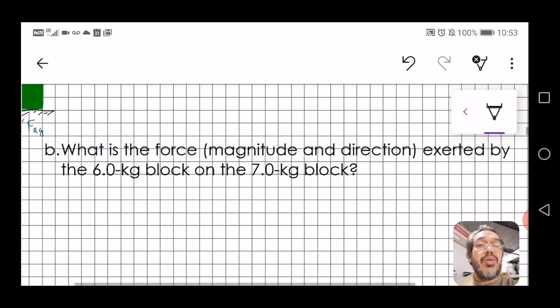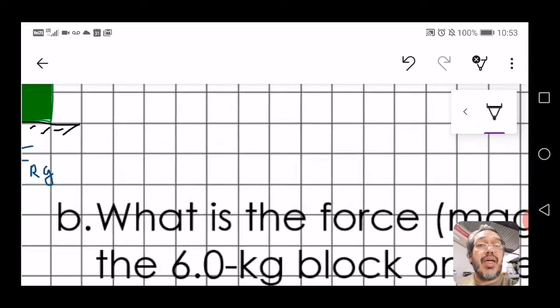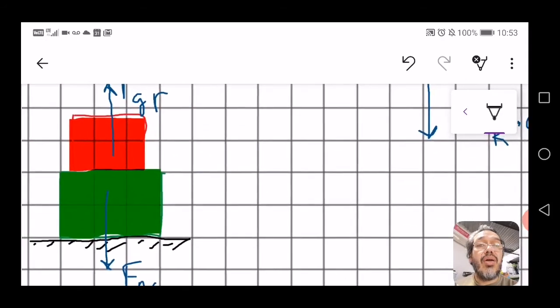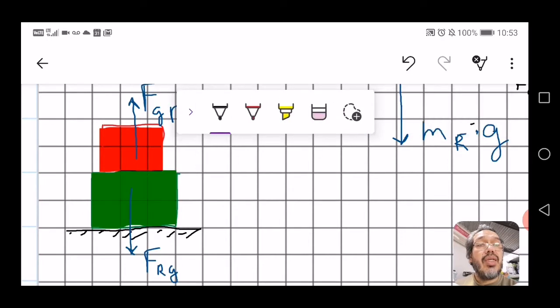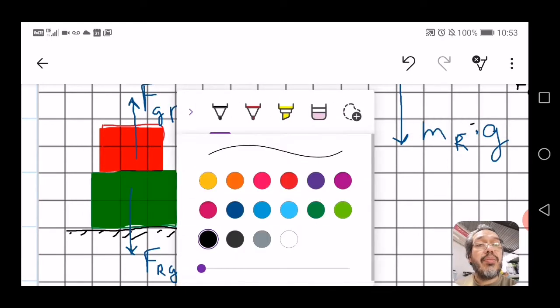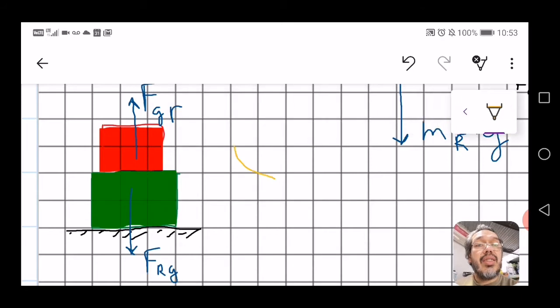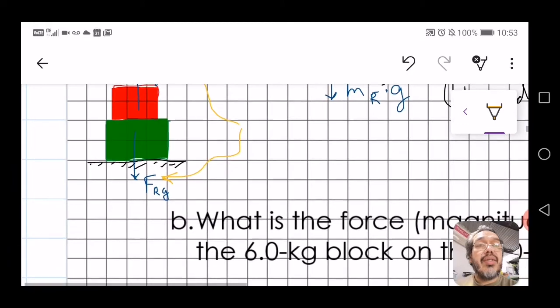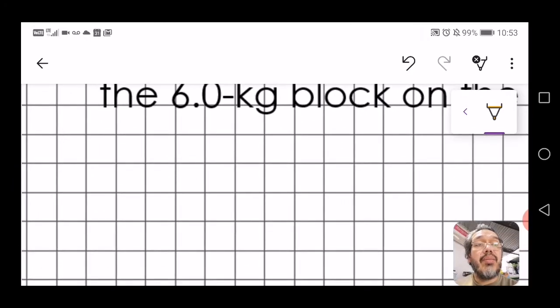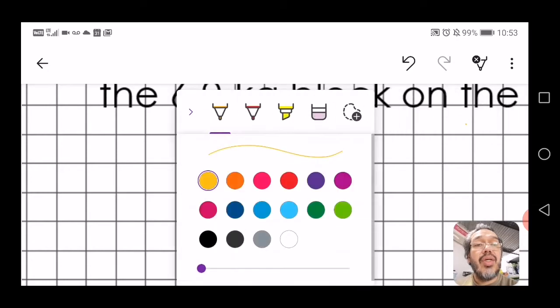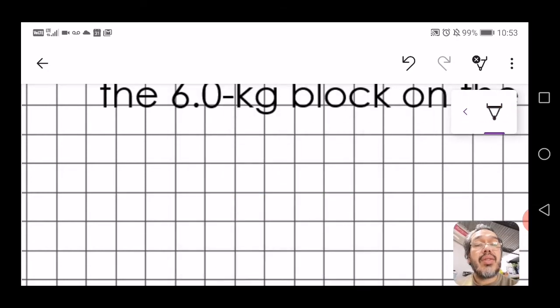Well, you don't need a new free body diagram for that, because you have your third law, and your third law tells you that these two things are an interaction pair. This is the force exerted on the red block, this is the force exerted on the green block, and the third law tells you that they are supposed to be equal in magnitude and opposite in direction.